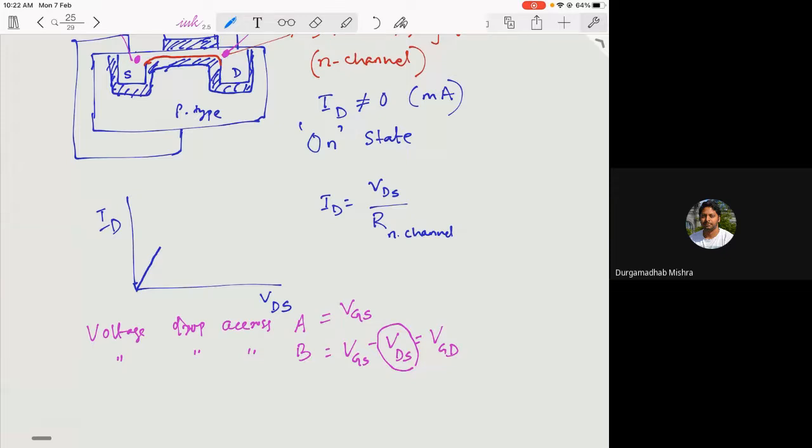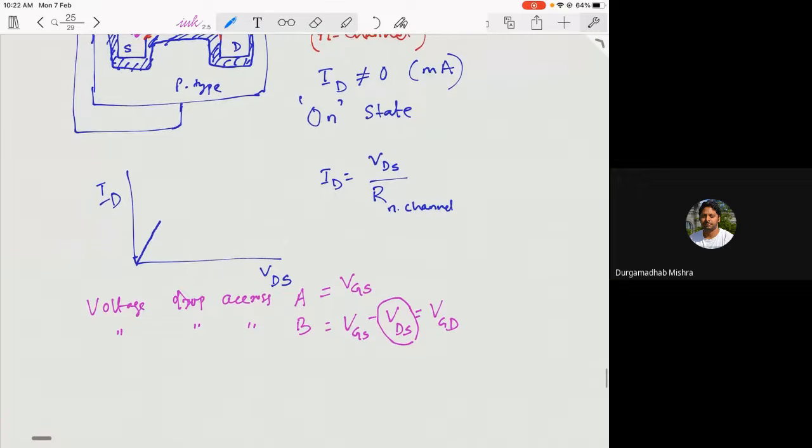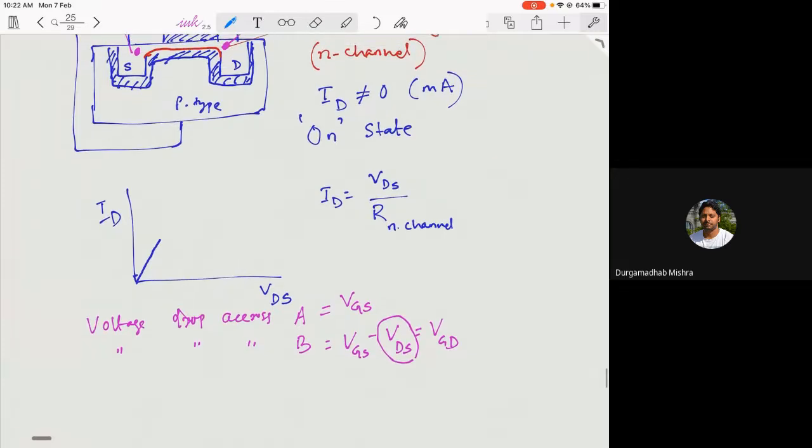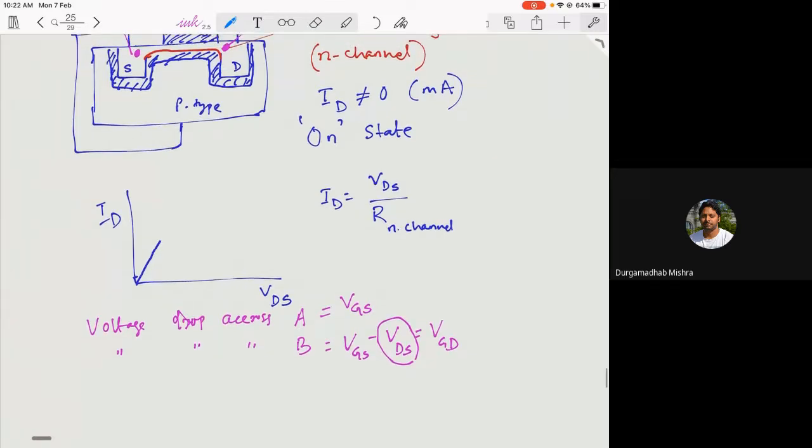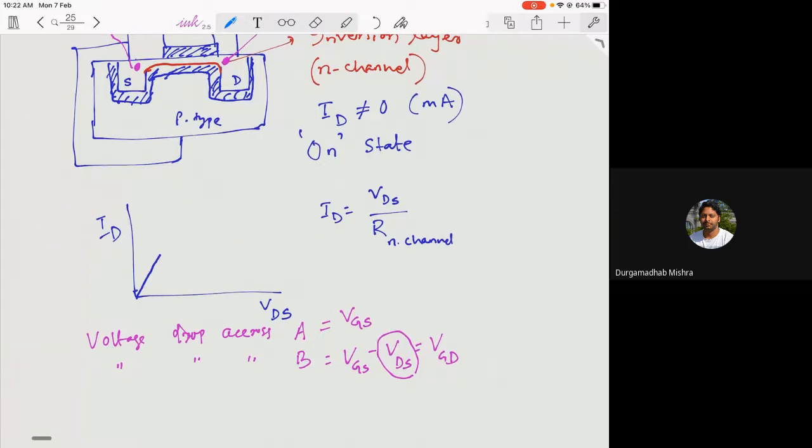There will be no effect on the channel on the source side, at point A, but the channel width will change on the B side, because the voltage is changing, meaning the electric field is changing. It is actually in a reverse bias condition when you increase VDS.